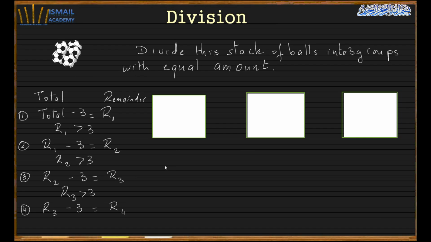It looks like my fourth remainder is 5 balls, so obviously it's greater than 3. So I reduce the fourth remainder by 3, I will have a fifth remainder, and I put each ball into the box.